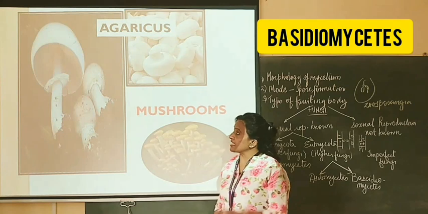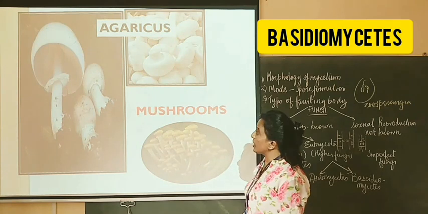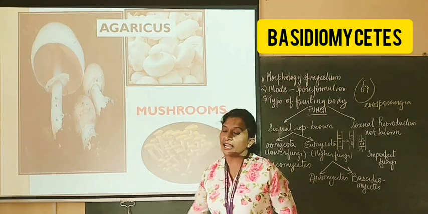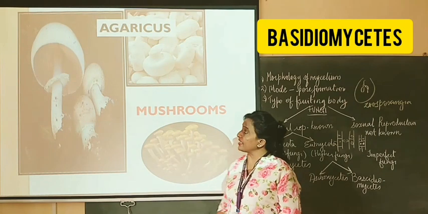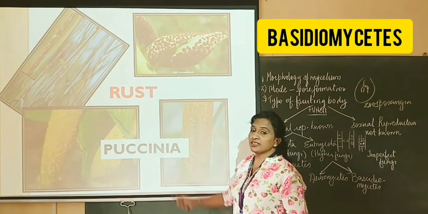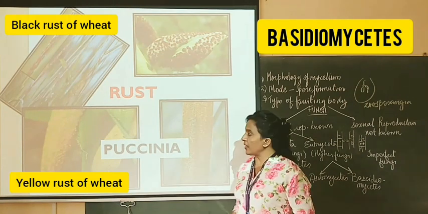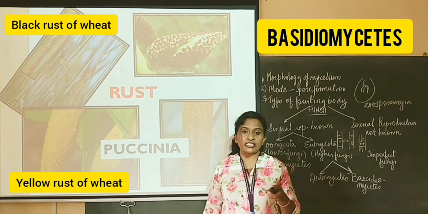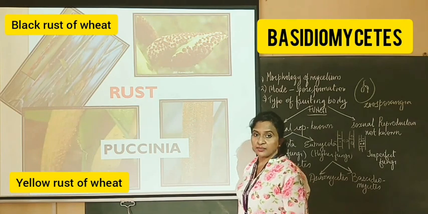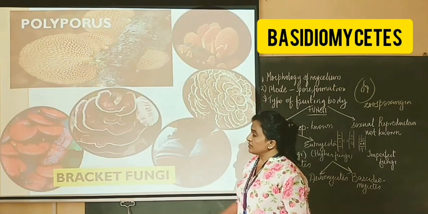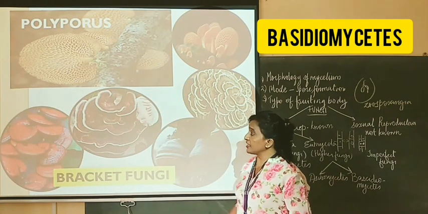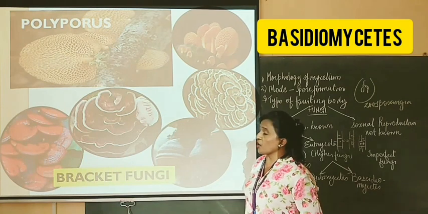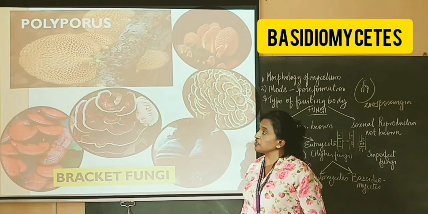The different examples mentioned in the textbook are mushrooms that are edible. One example is Agaricus. Then some are parasitic on plants, such as Puccinia, where we see the disease called rust on wheat and other plants. Then bracket fungi, usually grown on wooden logs or tree stumps.